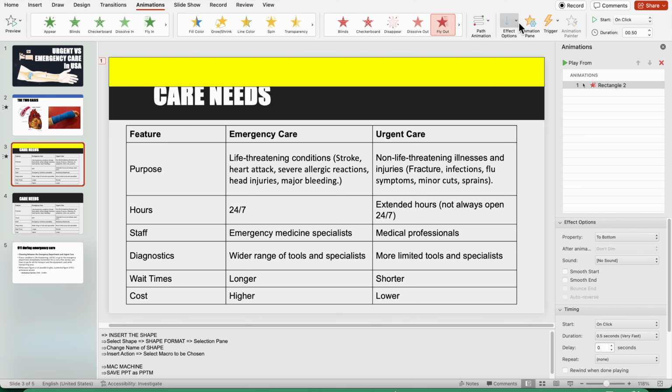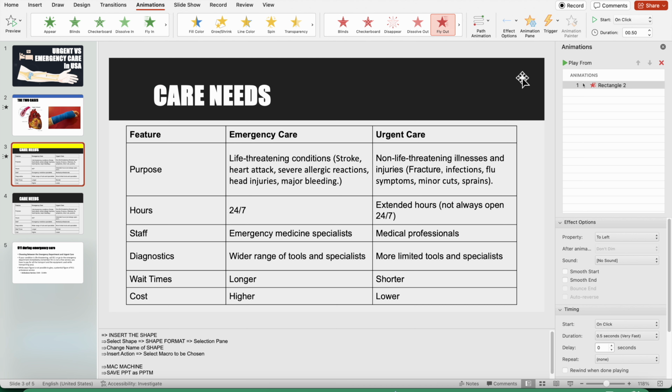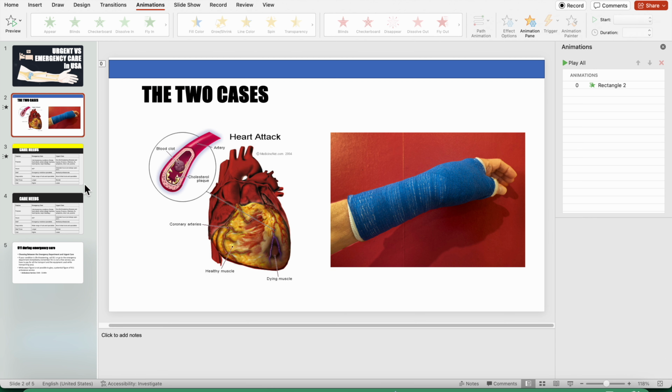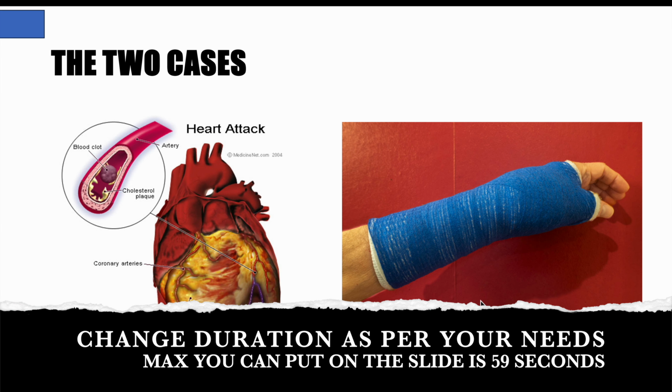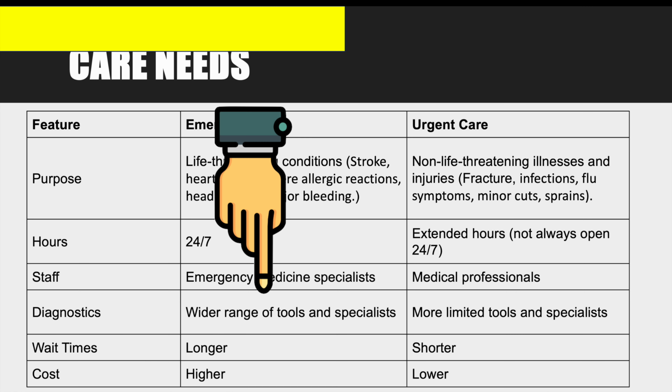Again I'll go to effect options and I will say to left. The duration is 10 seconds, and you have to start with previous. So now what happens, I go to the next slide and this is flying out and indicating me as 10 seconds are passing.